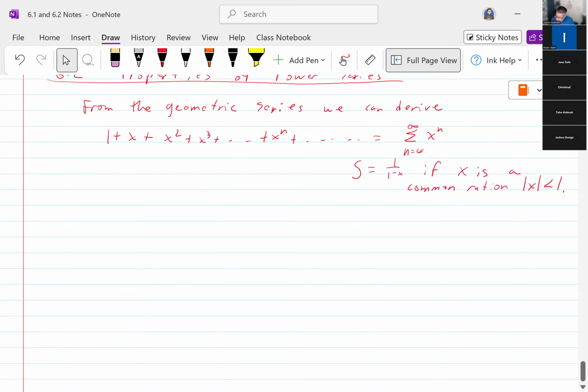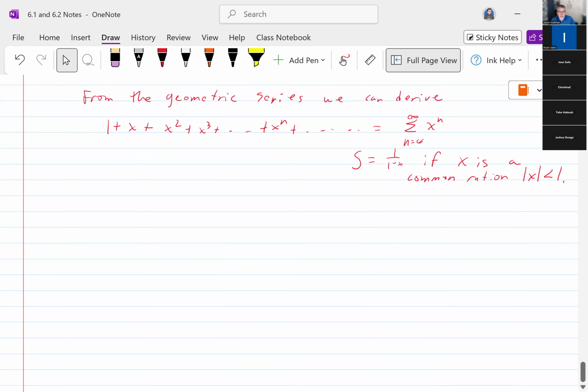So if x is a fraction less than 1, then this thing converges to 1 over 1 minus x. It actually equals that.